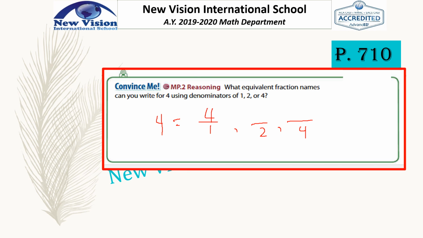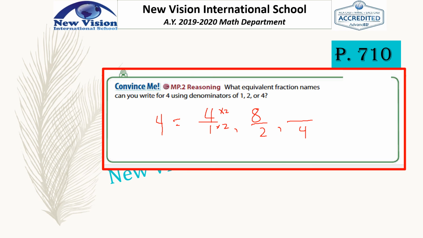Now multiply 4/1 by 2 to get another equivalent fraction. So 4 times 2 and 1 times 2. 4 times 2 is 8, and 1 times 2 is 2.